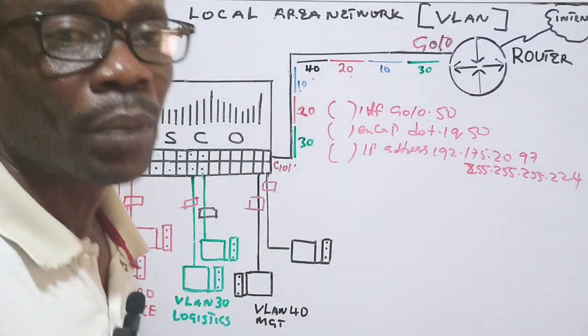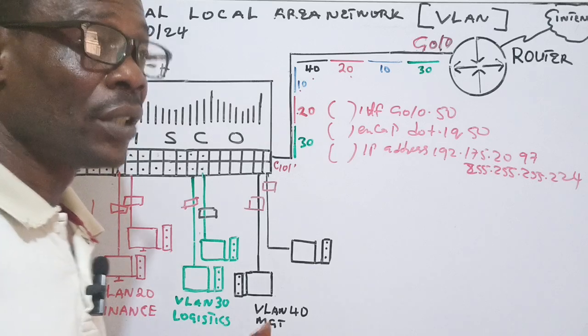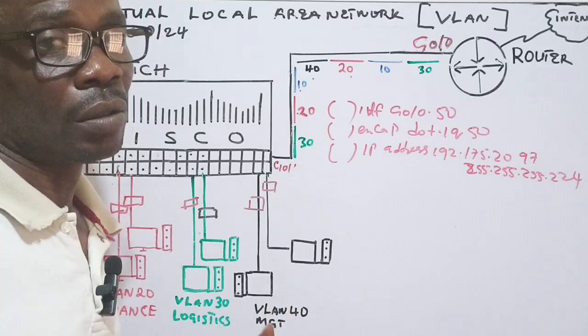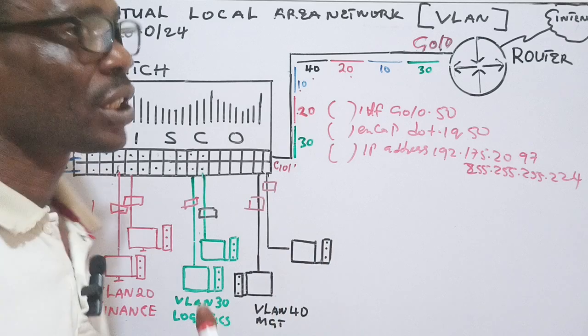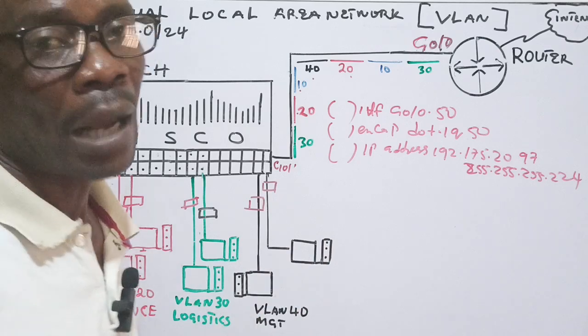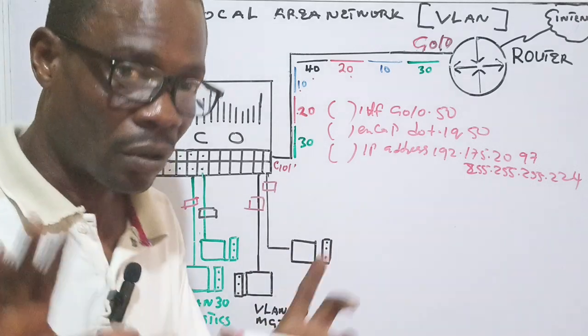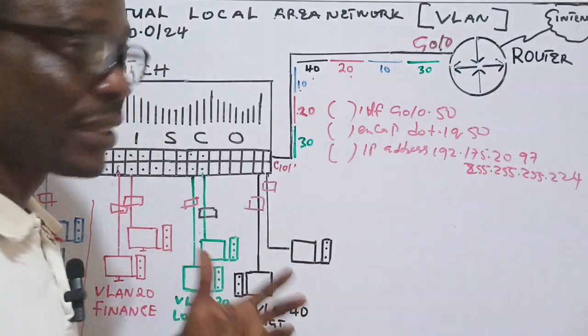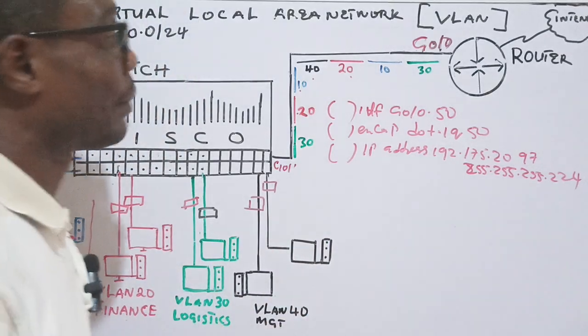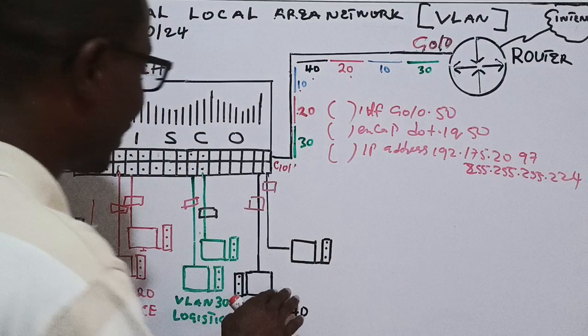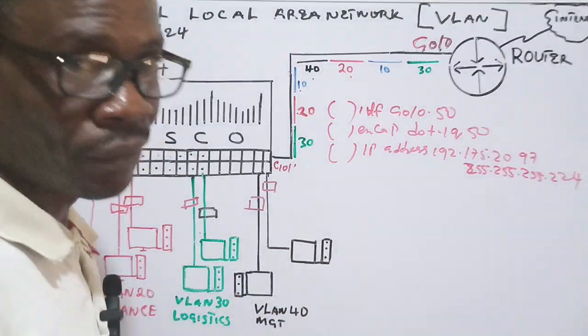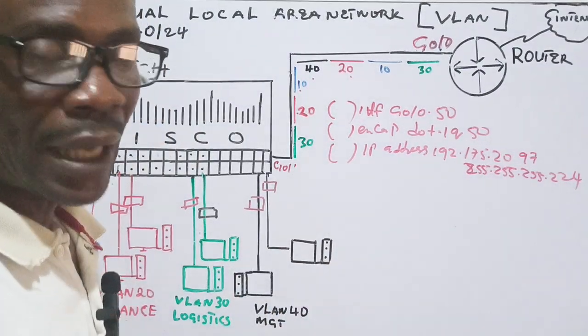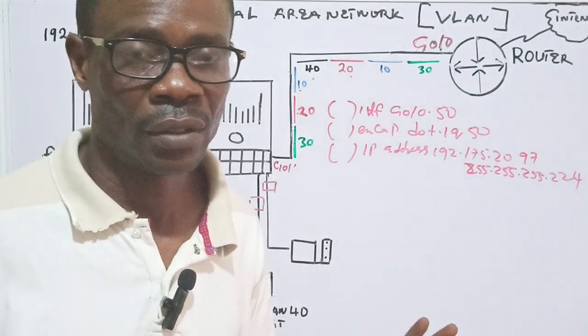Let's say this company has 8 departments. I can even do more than that for future growth. I can say each department can take about 64 valid hosts for growth. But the example I'm showing you here is the same thing applicable to VLAN 40, and that configuration is done.